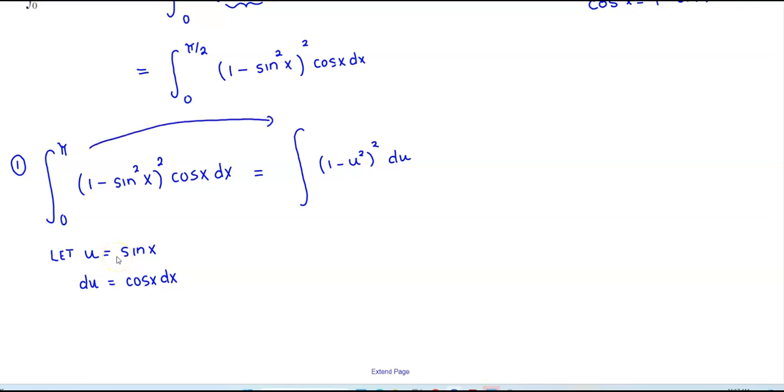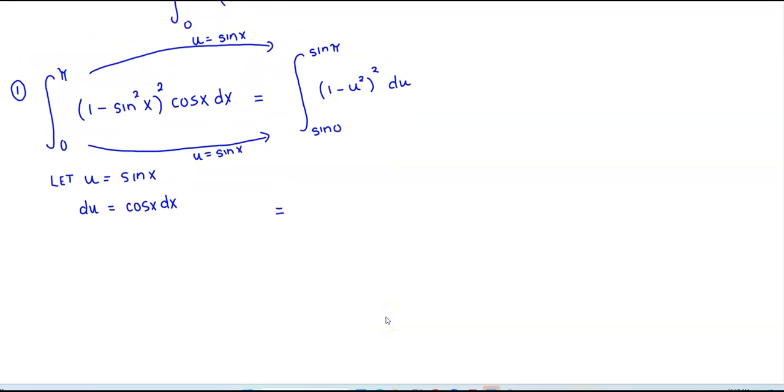We know that u is going to equal the sine of x, which is the sine of pi over 2 for the upper limit, and for the lower limit, u is the sine of 0. We know that the sine of pi over 2 is equal to 1, and the sine of 0 is 0. So let's put in our new upper and lower limits. This is 0, this is 1.